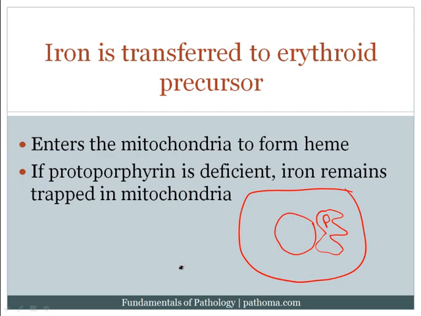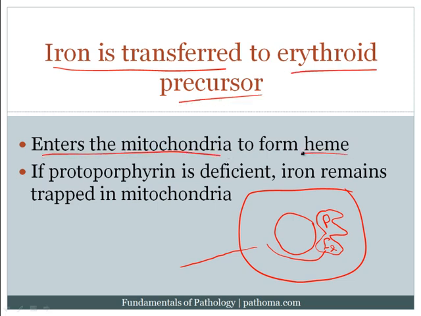At the same time, iron comes from the bone marrow macrophages, is transferred to the erythroblast, the cell that's producing the red blood cells, and then iron also gets transferred to the mitochondria. And when iron and protoporphyrin meet in the mitochondria, iron gets bound to protoporphyrin, and that's what creates heme. All right, so that's what I'm saying here, is that iron is transferred to the erythroid precursor. It enters the mitochondria to form heme.